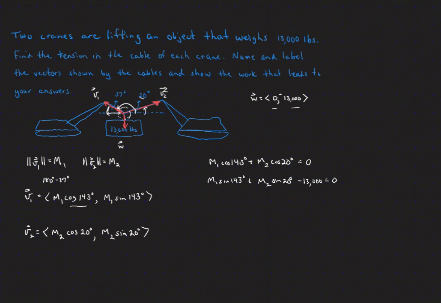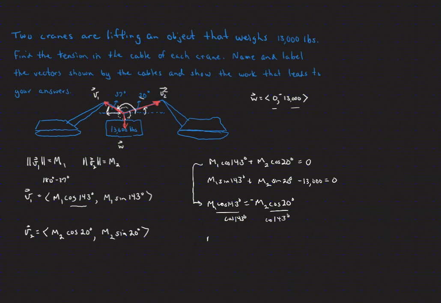So we have our two equations and two unknowns. We don't know M1 and M2. So on the first equation, if we are going to get M1 by itself, we can subtract M2 cosine of 20 degrees to the other side, and then we'll divide by the cosine of 143 degrees.